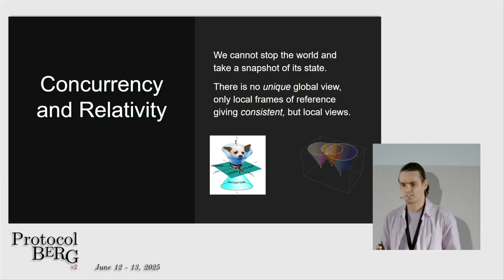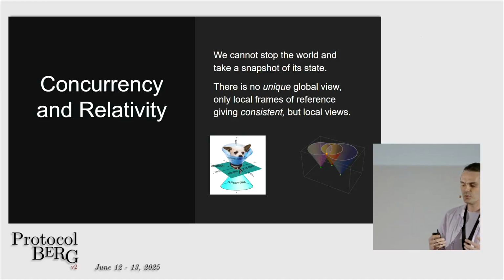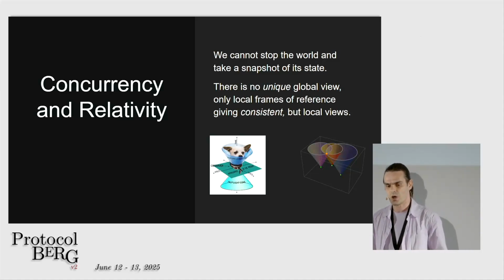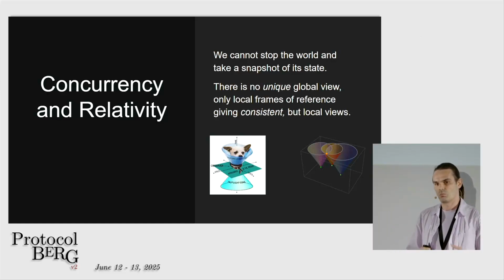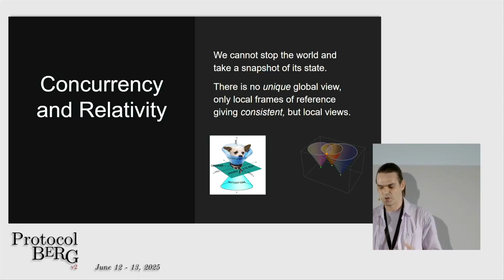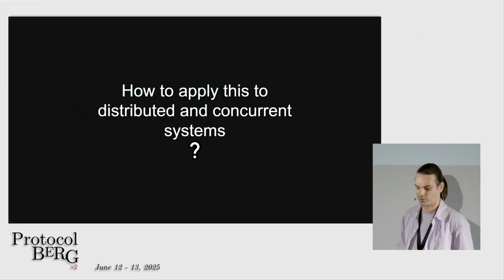There are space-like separated events that are truly concurrent. So there is no unique global view on a state of a distributed concurrent system, only local views depending on our frame of reference, namely where we look at the system from. Those local views, however, must be consistent. Luckily, that's what we actually care about.